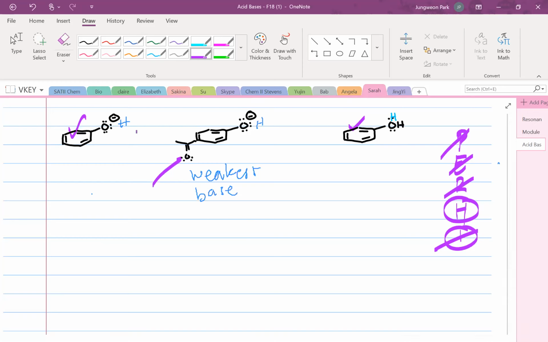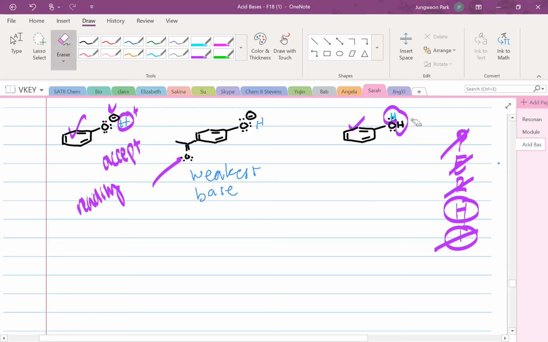In regards to acidity, why is it like that though? Why is that hydrogen not making that oxygen upset and then the first one it does? I don't think I understood your question. Like you said, the upsetting part for hydrogen. Oh, accept. Accept. This one will be accepted because its proton's positive and this is negative, right? Readily accepts. This one not readily accepts, right?